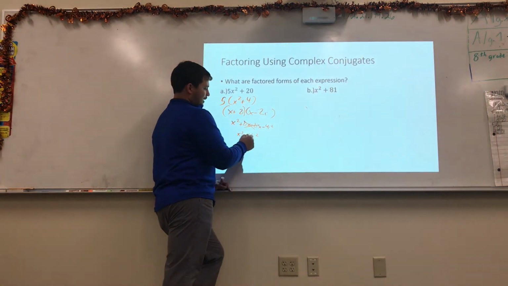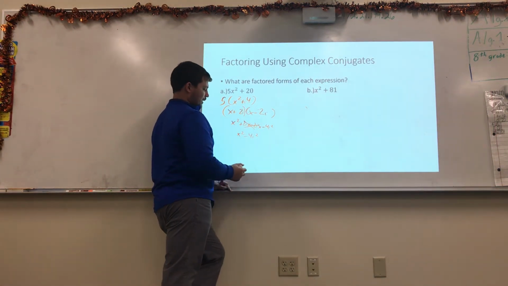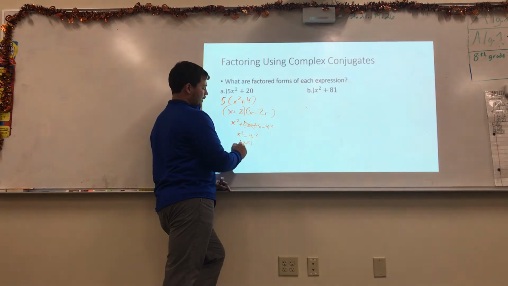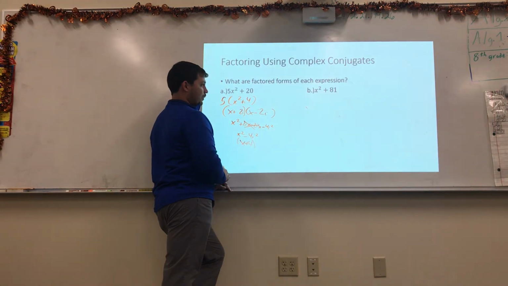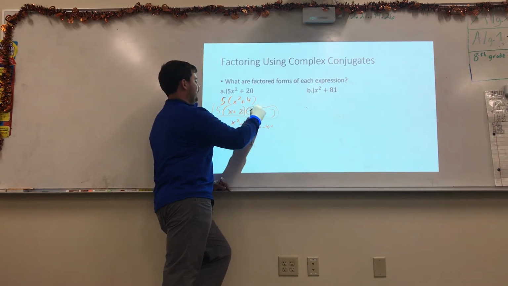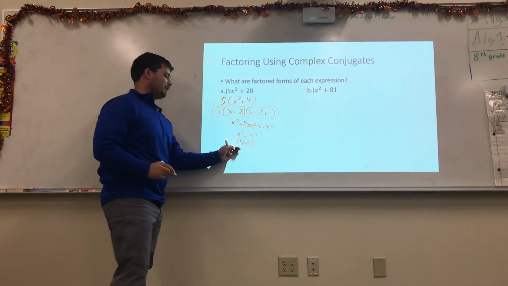This negative is not what we wanted to see. But if we take our i squared, we know that's negative 1. Negative 1 times negative 4 gives x squared plus 4, which is that value. So this right here is what we were looking for. That is our answer. It works.